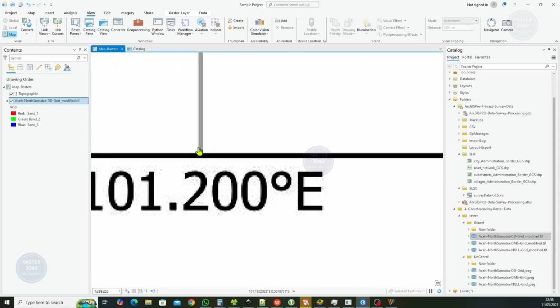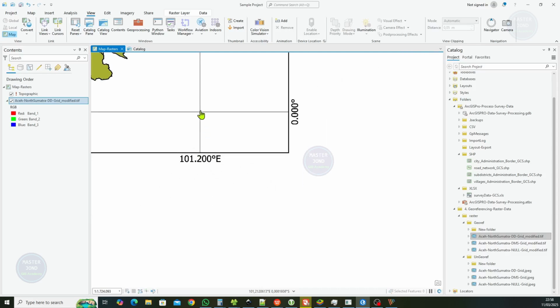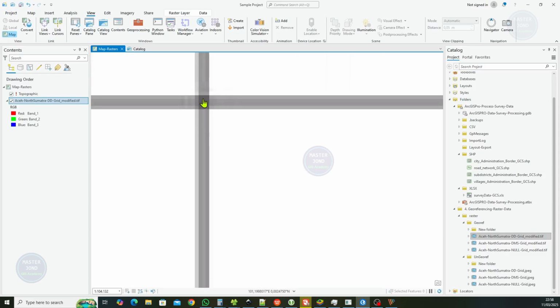And for the E we have 101.201. Okay, that is good. And what about the intersection? It's 101.2 and 0.00 N. Let's move it a little bit, it's very sensitive. Okay, there, 101.199. You can round it up to 2. So it's 101.2 E and 0.000, the equator. Good.